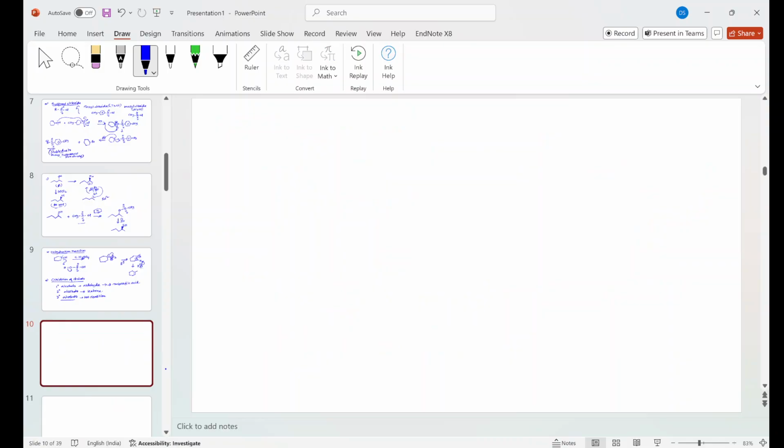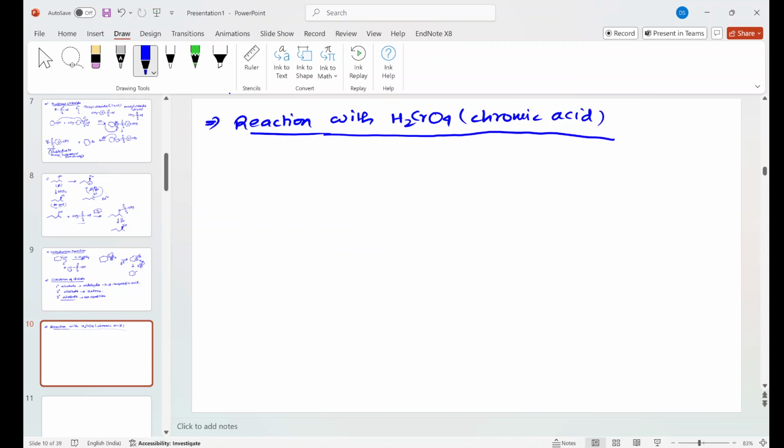Right? So what are the oxidation agents that we use? Reaction with H2CrO4. This is called chromic acid. This is a typical oxidizing agent for alcohol, and this is also called Jones reagent.